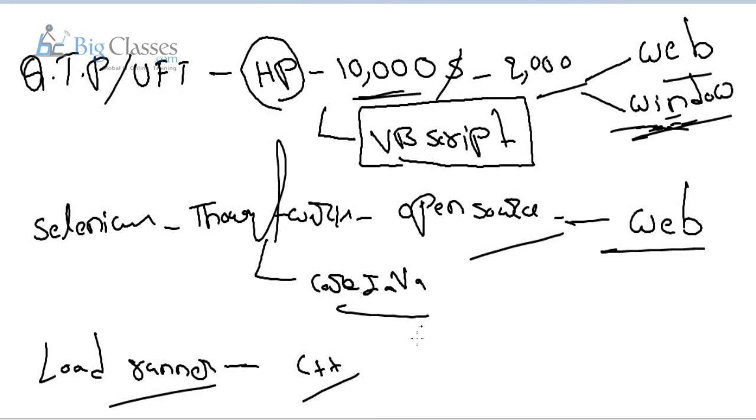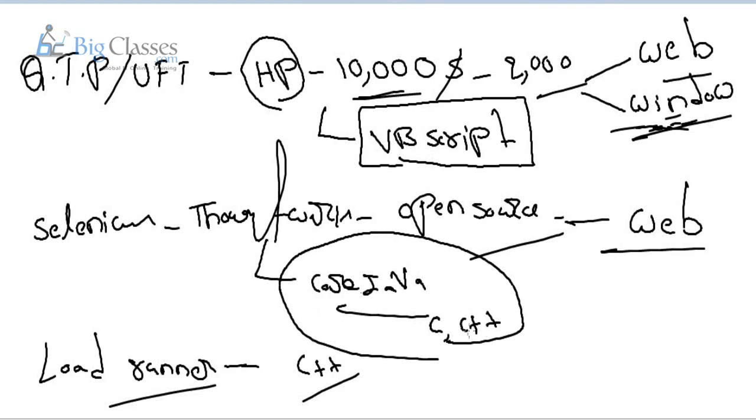To understand Core Java, you should learn C and C++. But to learn QTP, there is no need for any programming language. We just concentrate on the scripting language, VB. VB scripting is not like C and Java. Something like 30 or 40 functions are available in VB script, and that is more than enough. Understand this one?